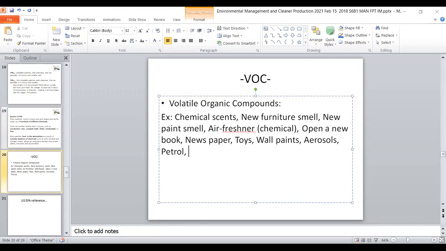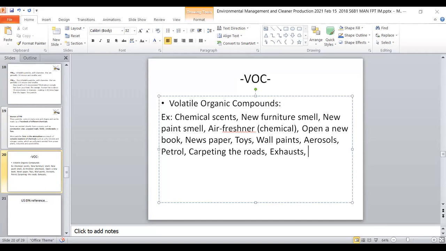Sometimes even carpeting the roads. When you go nearby, you can smell a very bad, very strong, unbearable smell. It's a huge dose of VOC. Then some chemicals, some coming out from exhaust. Maybe vehicles or maybe other stacks or the fire stacks.